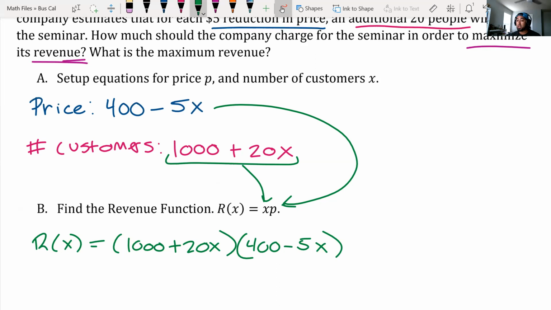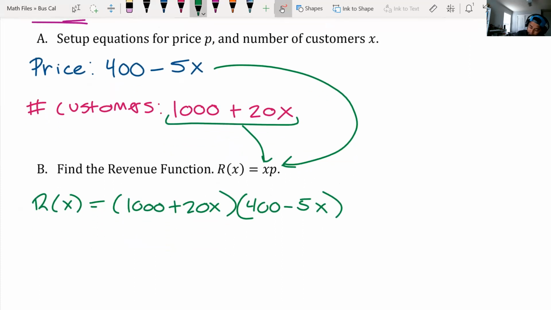Okay, and there's our setup for the revenue function. We just have to FOIL everything out and then simplify. But any questions so far? All right, then let's FOIL. 1,000 times 400 is 400,000.